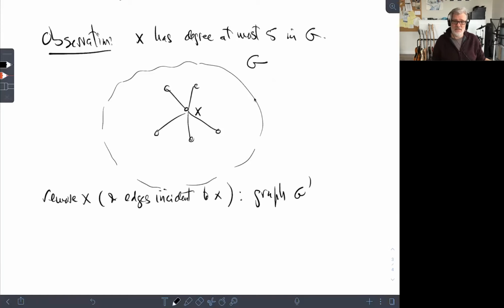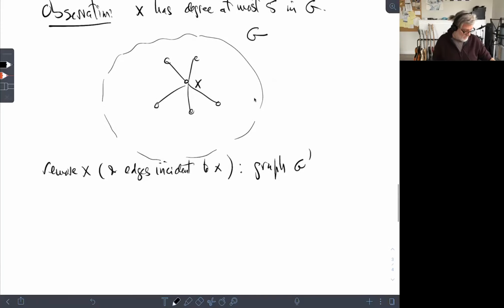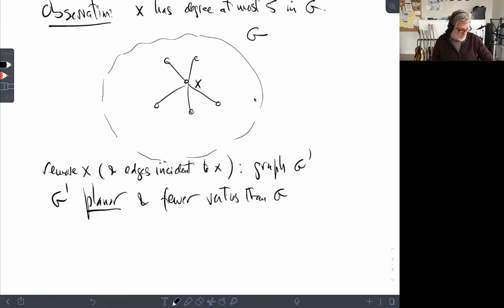It has fewer vertices. Hence, by induction, it is 5 colorable. Okay, so I remove X, I get a new graph, and I know that there is a 5 coloring of this graph.